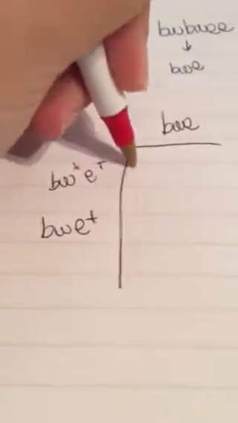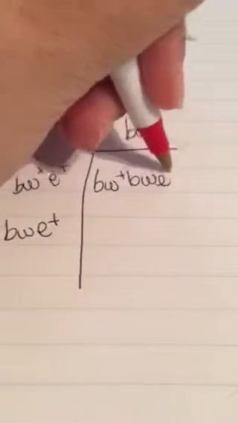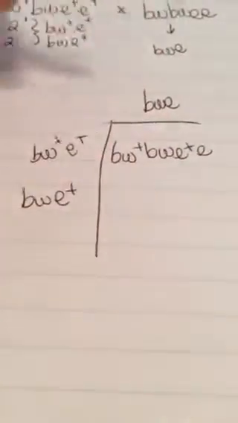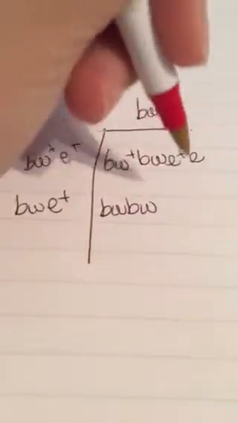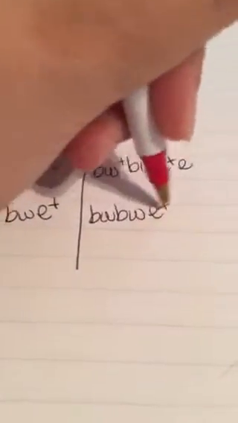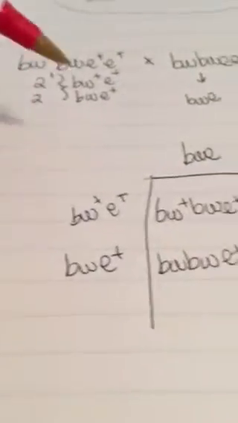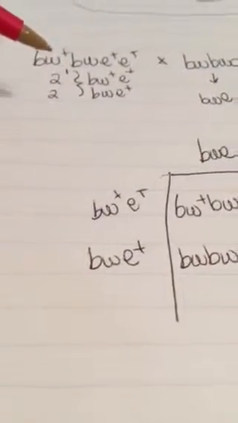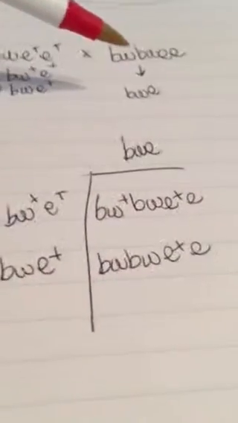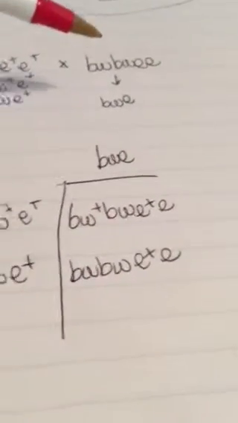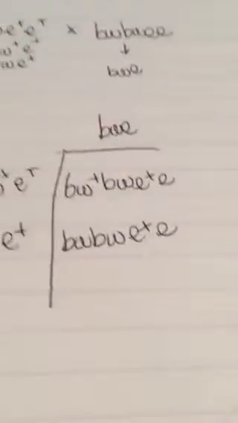so you're gonna get this, and this makes sense because if it was heterozygous for the BW trait and you're crossing it, you're essentially performing a test cross with the one that's mutated all over the place.